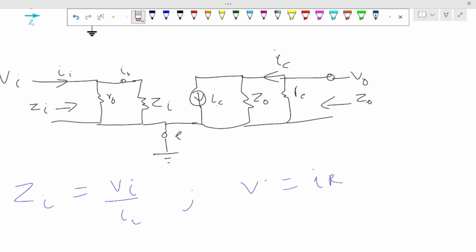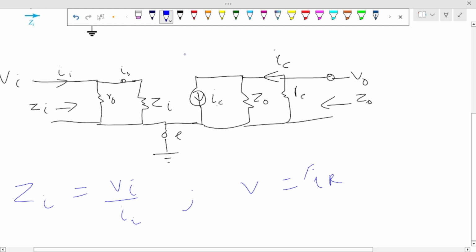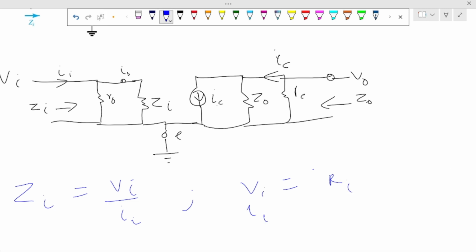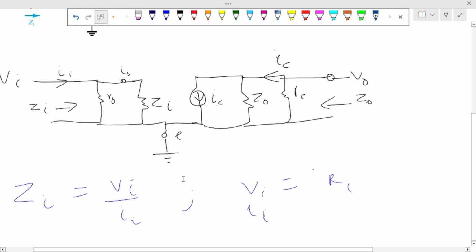So what's the formula for the impedance? We move this guy down here. If we're talking about impedance in, then this will be Vi and this will be Ii. That's exactly what we have here.